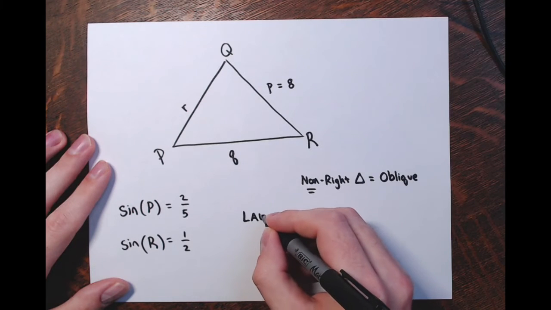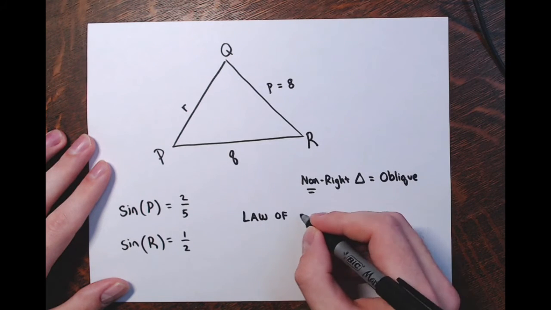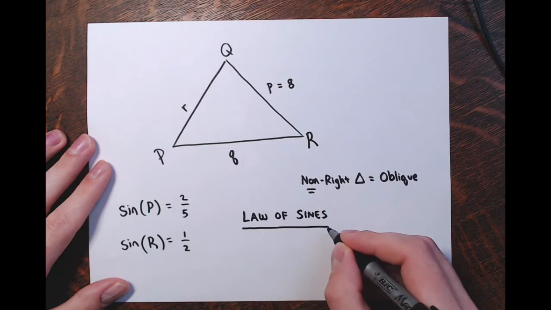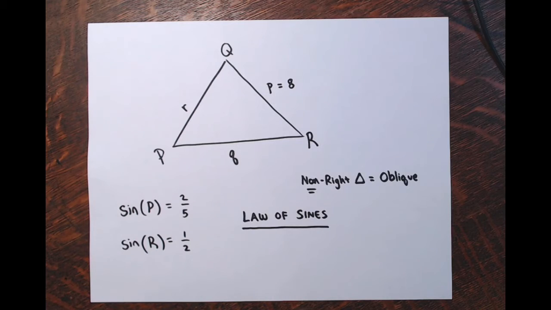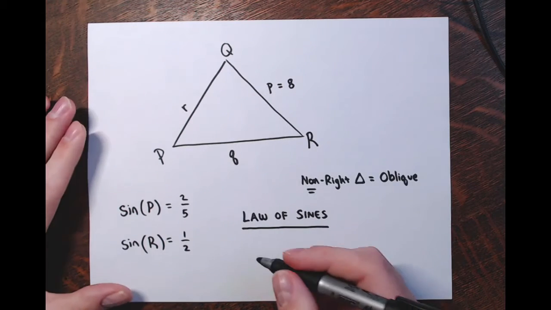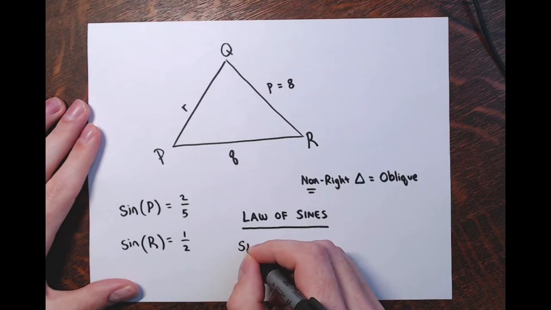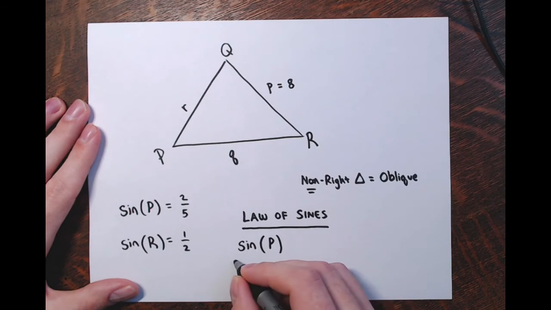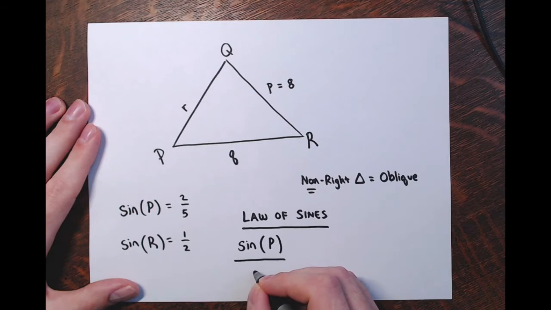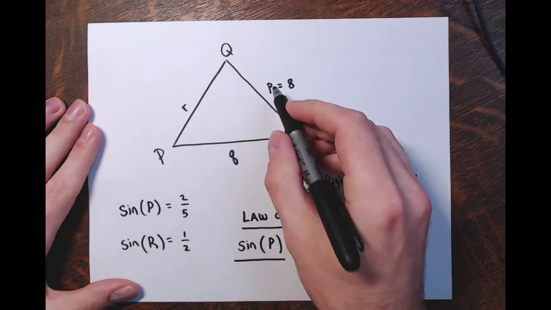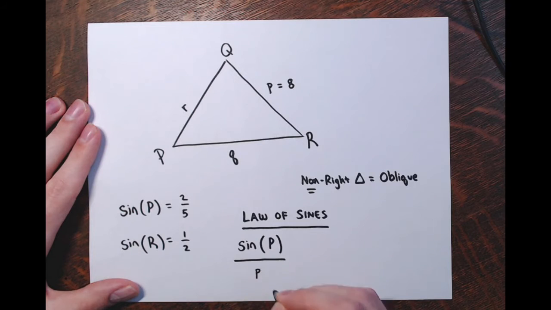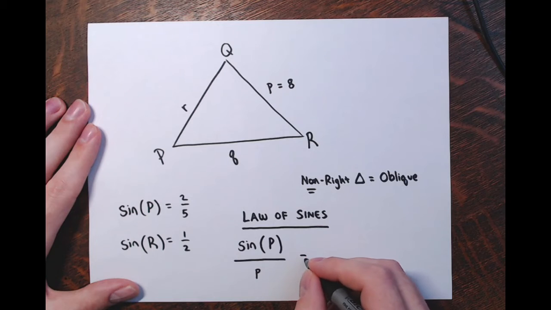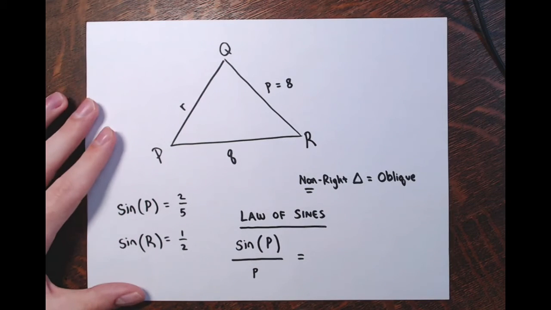So I'll write out what the law of sines states. In a triangle, the sine of an angle, say the sine of angle P, divided by the length of its opposite side, so the side opposite angle P is little p, this ratio will be the same for every angle and its opposite side.